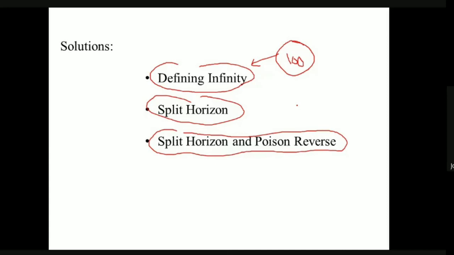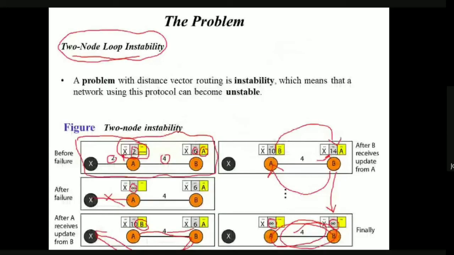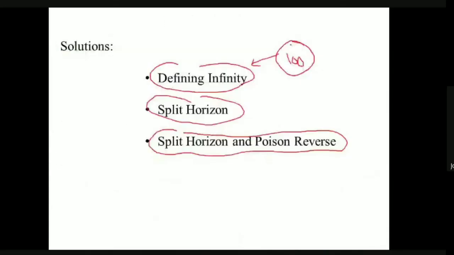Whenever the system is going to share these updates, when it gets this value 100, it stops sharing, because we defined the upper limit of infinity to be 100. But generally, most implementations of distance vector protocols define the distance of each node between 1 to 16.